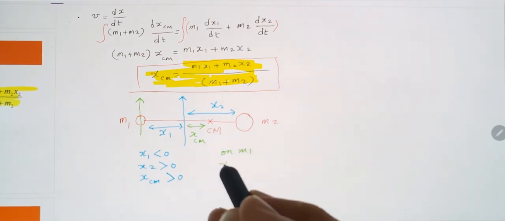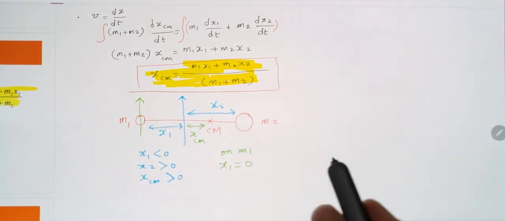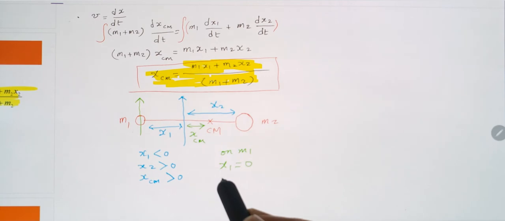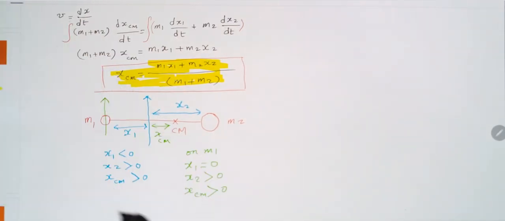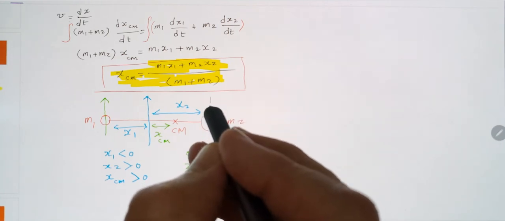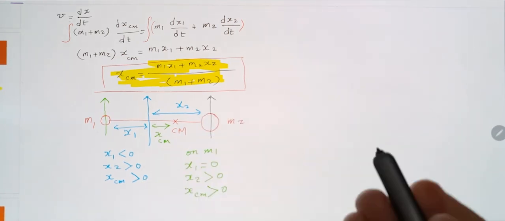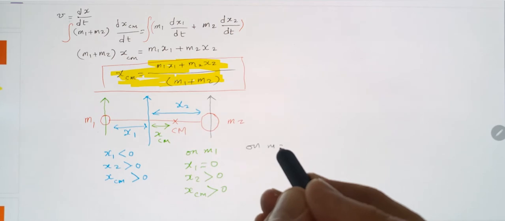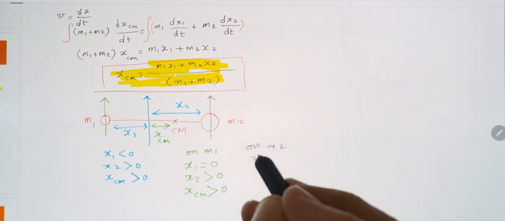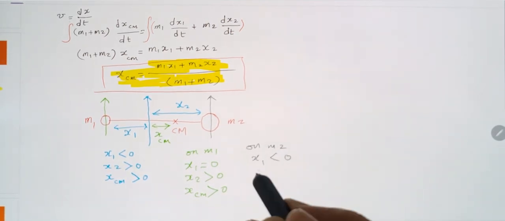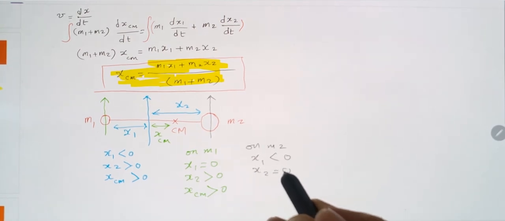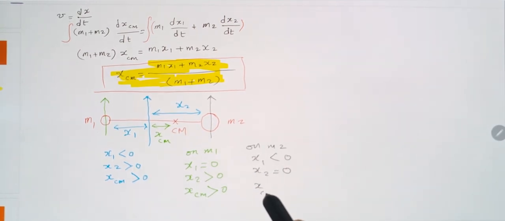I will have x1 equal to 0, x2 will be positive, and x center of mass will be positive. طيب, how about if I choose the axis on M2? Then x1 will be negative, x2 will be 0, and x center of mass will be negative.